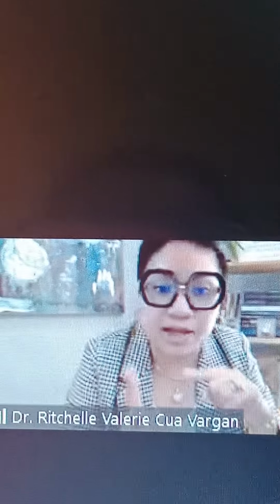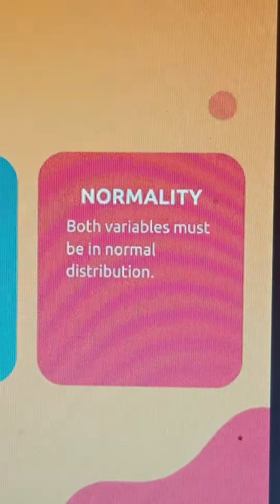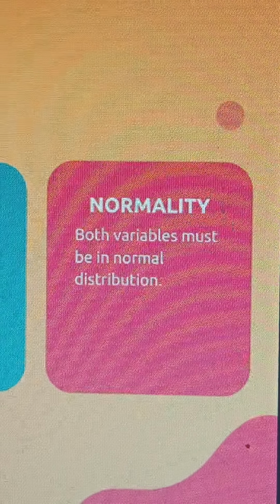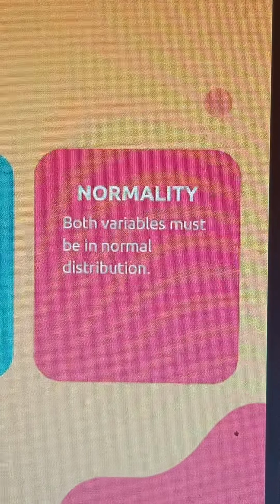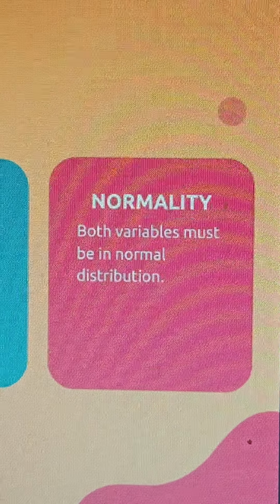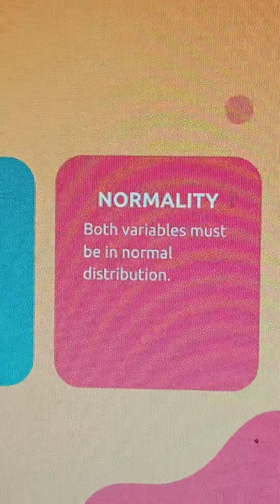And the last one is normality. Yesterday, I told you that normality is the most common requirement for statistical tests, especially for parametric tests. So we have to check if our data is normal. If not normal, we have to check the sample size.